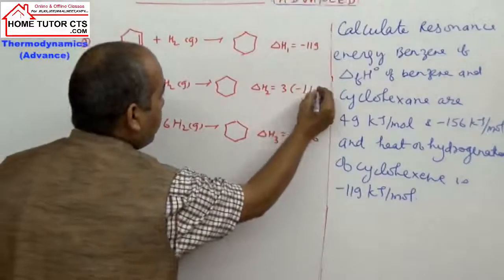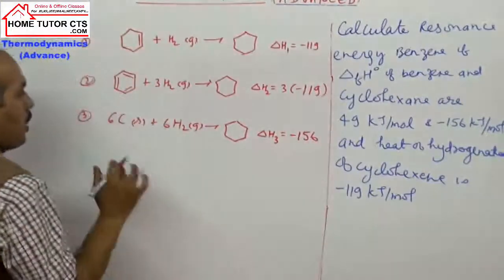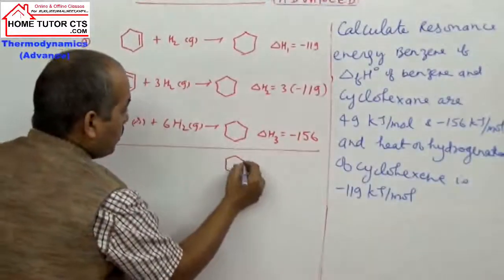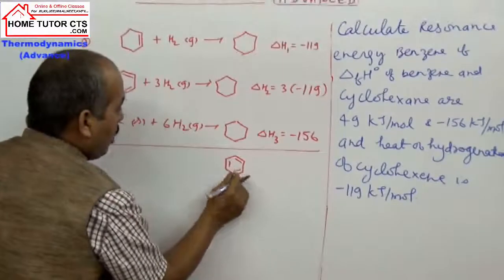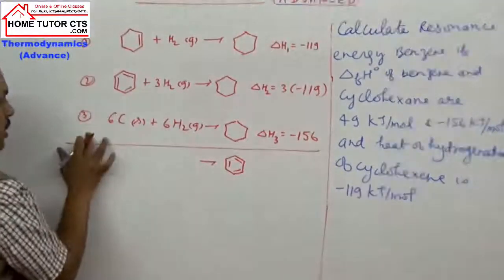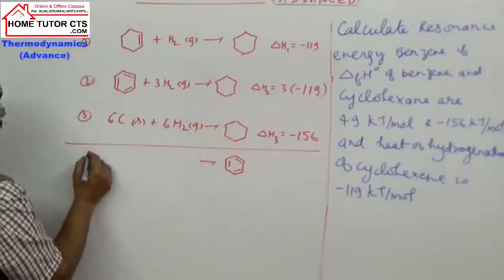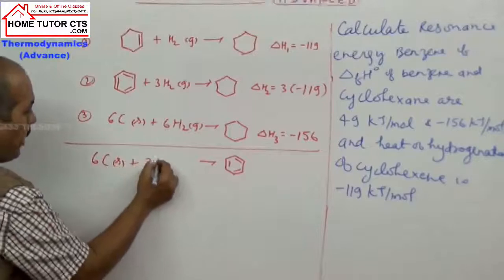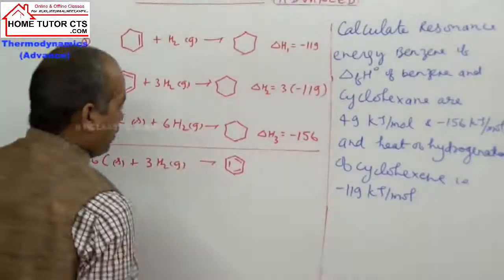It is 119. Now we require the formation of benzene. How to find the theoretical value from this data given? I can write equation 2 and 3. You can use these. See, 6 carbon solid plus 3 hydrogen gas can give this equation.